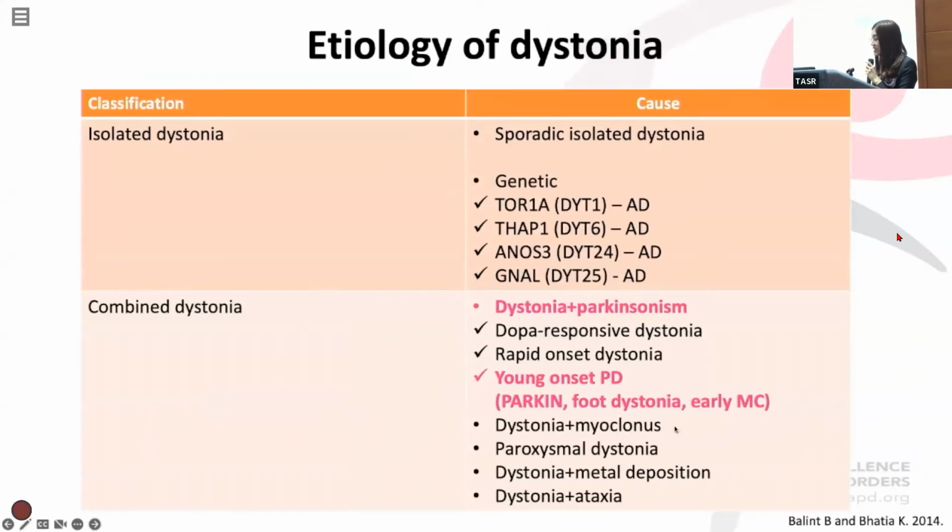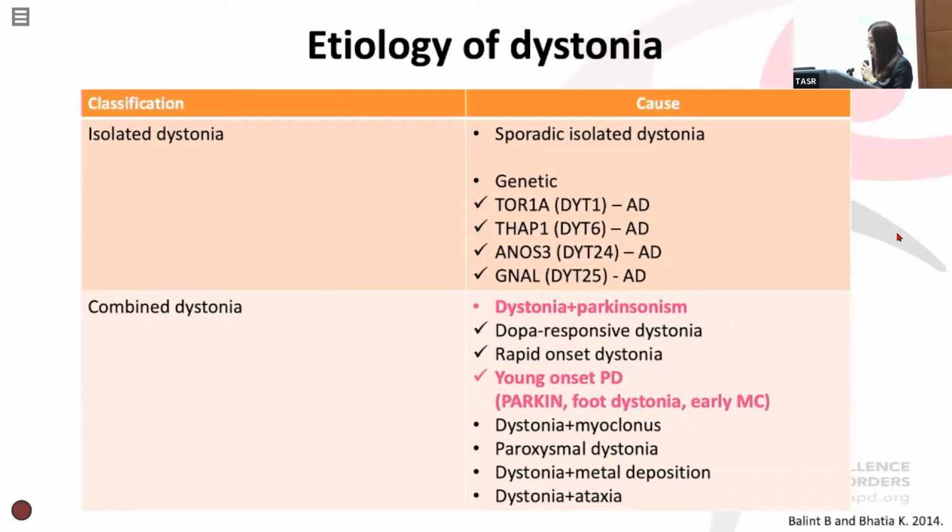In this patient, he has dystonia and Parkinsonism, so he would have what we call the combined dystonia, right? And the causes of dystonia with Parkinsonism are listed as shown: the dopa responsive dystonia, the rapid onset dystonia, and the young onset PD. In DRD, the patient will have onset of disease around 20 years old.